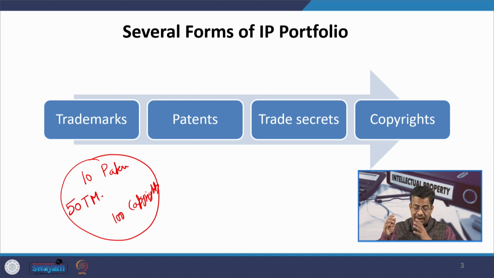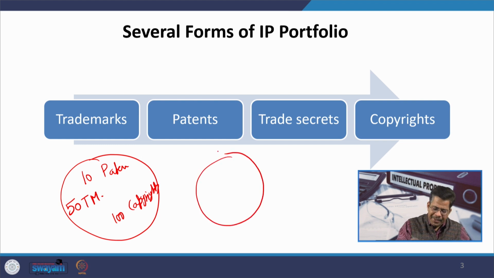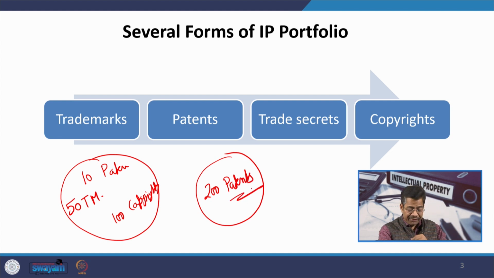There can be another type of IP portfolio where you have only patents, let us say you have 200 patents. You are only dealing with this type of IP, and that is also an IP portfolio.